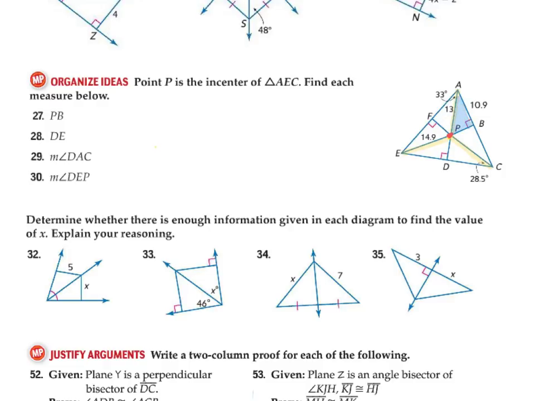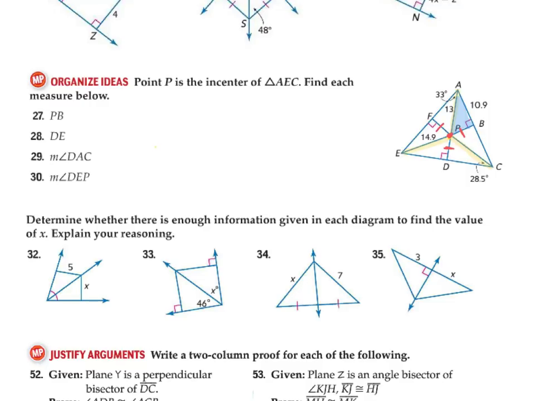So when you're asked to find PB, look at this blue triangle where you know two of the three sides. You know 13 is the hypotenuse, and you know one of the legs is 10.9. So use the Pythagorean theorem. You'll probably need to use a calculator as well to find this other leg. Then remember, once you know what PB is, an incenter is equidistant from all three sides of the triangle.